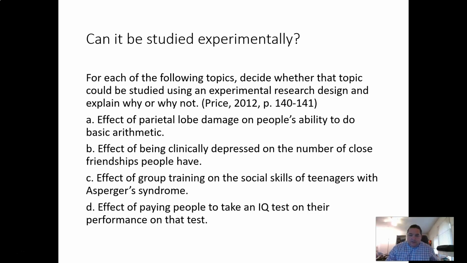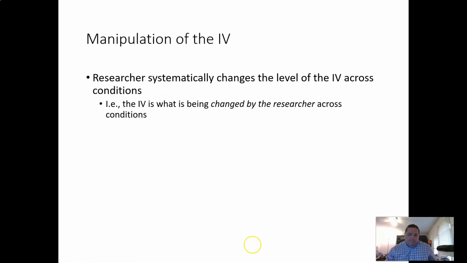So this one's a little bit harder to discern because there is a manipulation, right? But then there's also other variables that you can't really control, like their IQ already, without having them measure it.